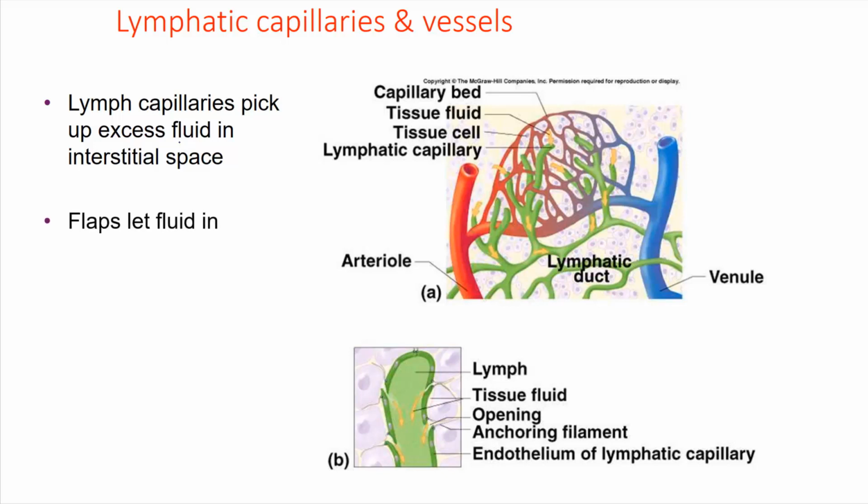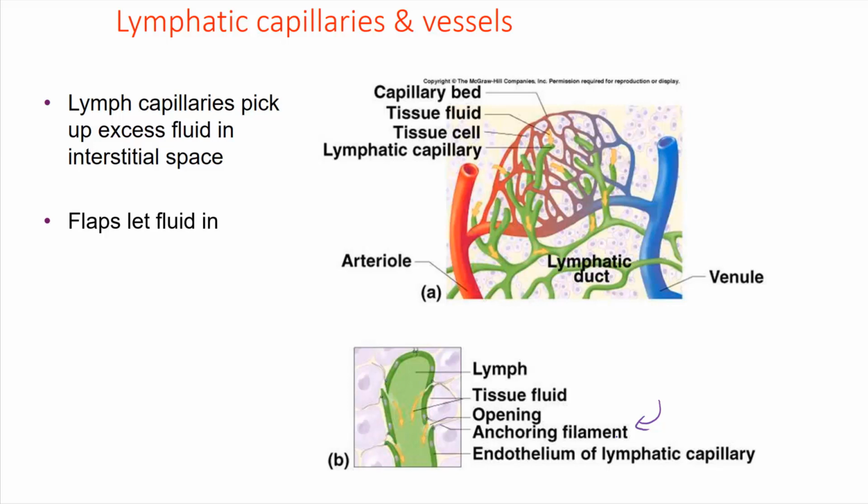So they have a system of cells that are overlapped, and they serve as flaps that are anchored to the tissues that are surrounding them. So there are these anchoring filaments right here. And these anchoring filaments sit out in the bulk of the tissue. So they're situated in a way that allows them to be sensitive to any sort of volume expansion.